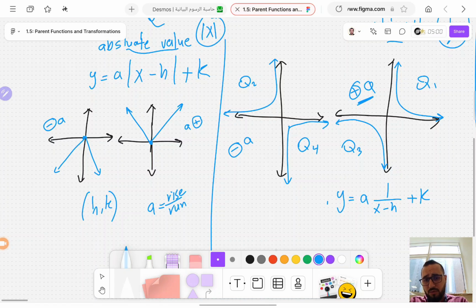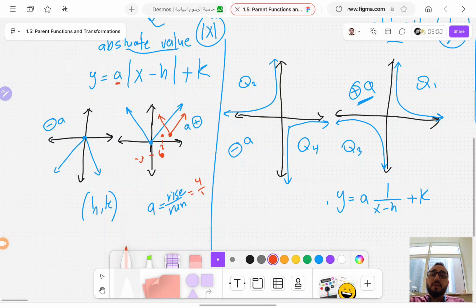For example, let's say h and k are 2 and negative 3. You put the point here, this is the center. Then look at a. Let's say a is equal to 4. So 4 is 4 over 1, so you go 4 steps up and 1 step to the right. This will be your graph.